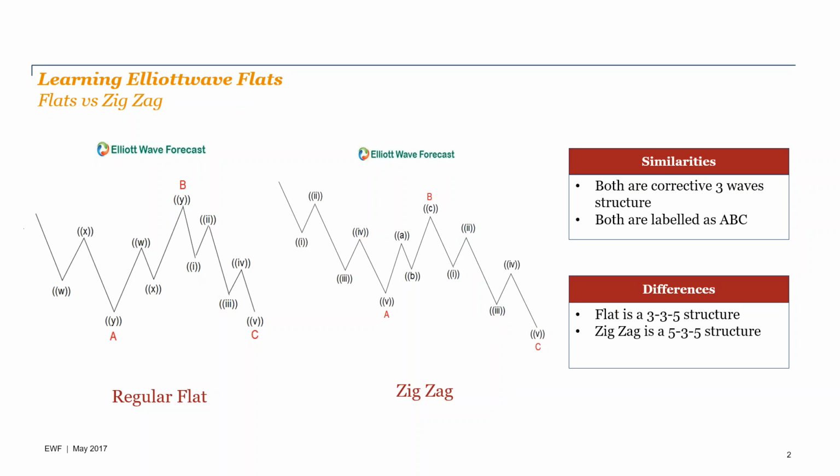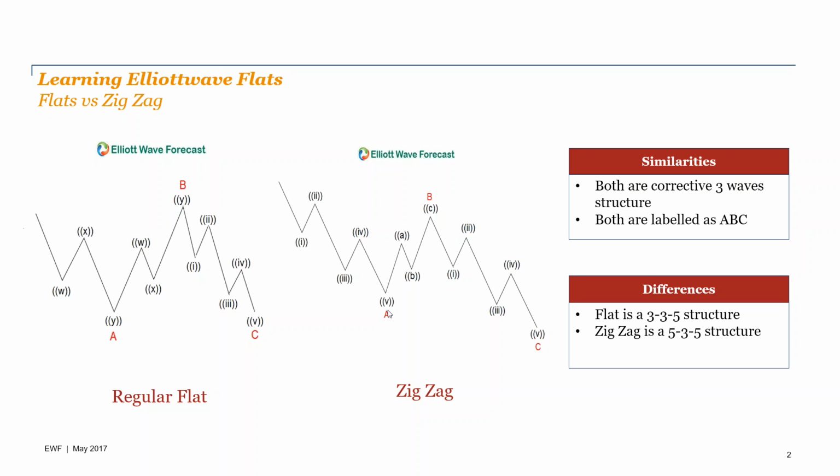So the question is, if A comes in 5 waves, so it must be a zigzag, not a flat. And the answer is yes, because, think about a flat as, okay, we've got similarities and differences here, right? The similarities between a flat and a zigzag: both are 3 waves.